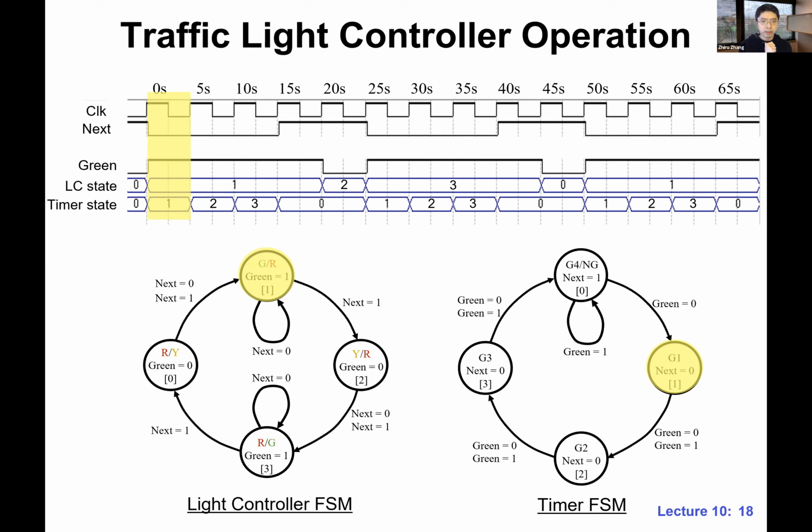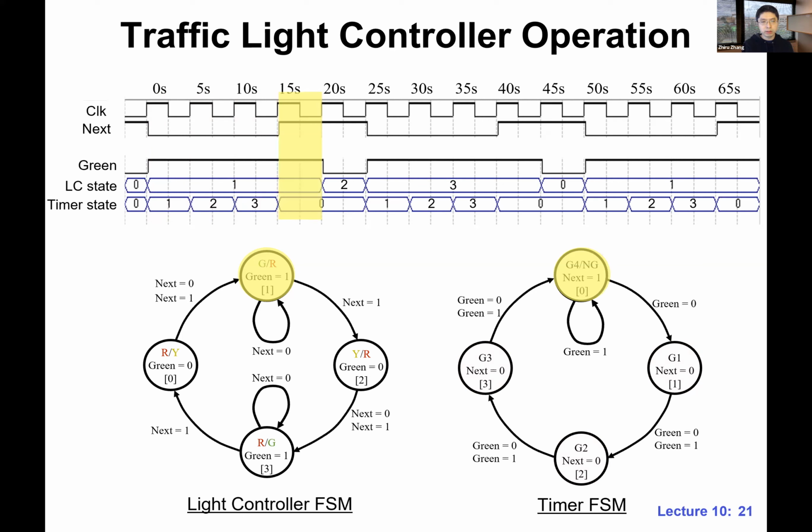No, because we are counting. How about the timer? The timer is going to advance to G2. Okay, very good. So we move the timer. Next cycle, we keep moving the timer to the next state, and again next cycle, until we come up to 4.